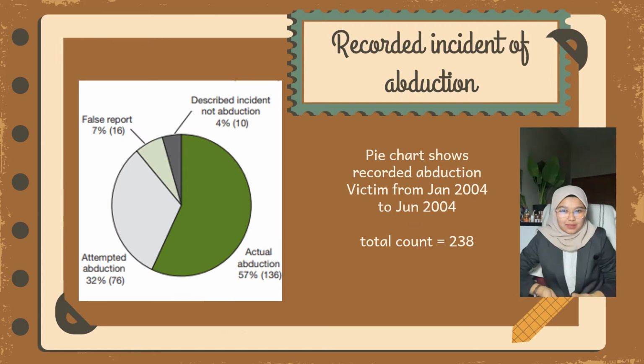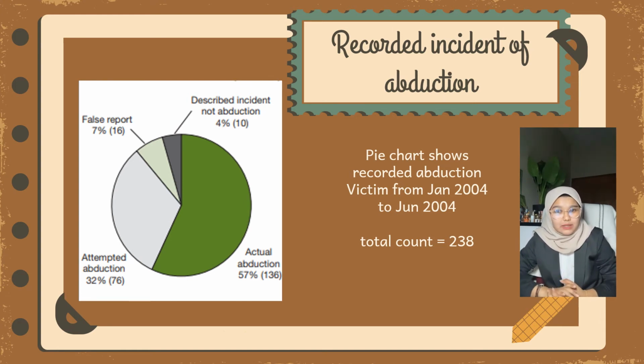Alright, the graph shows the recorded incidents of abduction from January 2004 to June 2004, in which only 57% was an actual abduction. As you can see from the pie chart, it mentioned 4 incidents: actual abduction, attempted abduction, false report, and described incident happened to be not an abduction. From the pie chart, it is clear that the majority of incidents were an actual abduction.